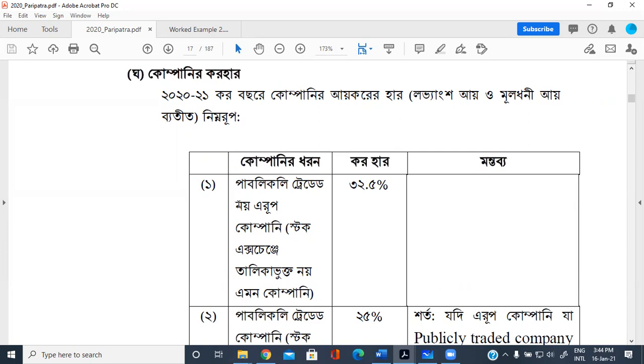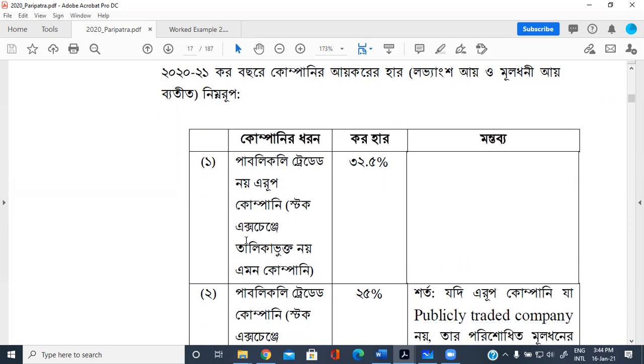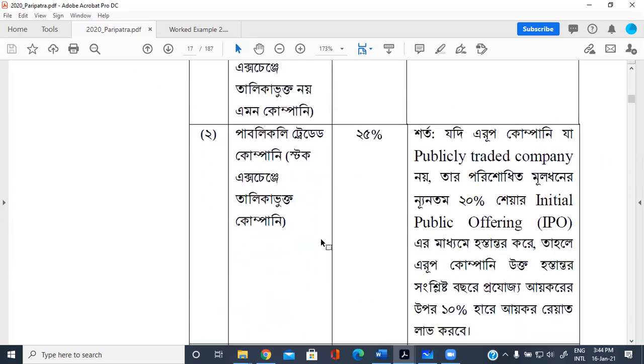Okay, that means it is a private limited company, right? Yes, sir. That company is not listed in the stock exchange. For that company, the tax rate is 32.5%.